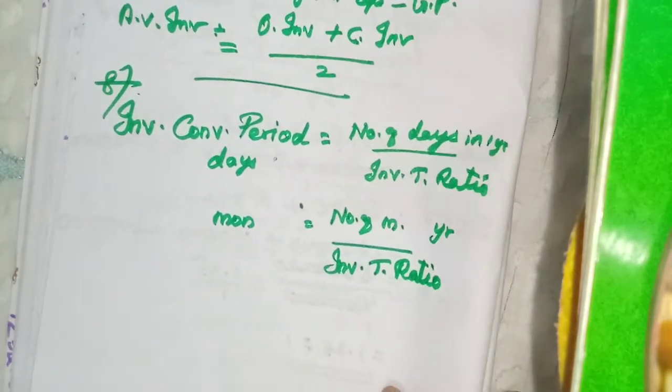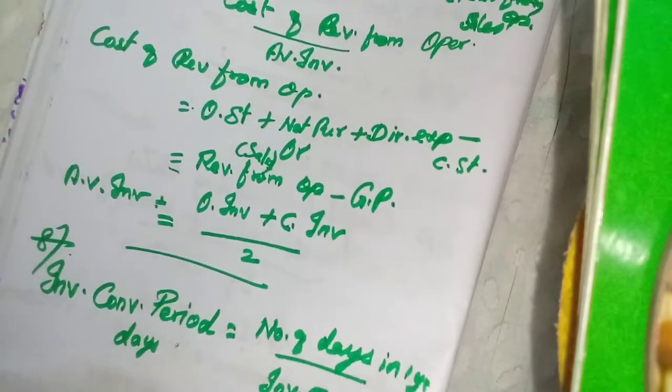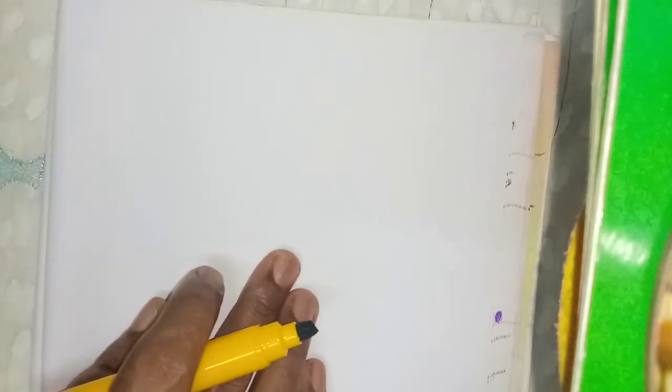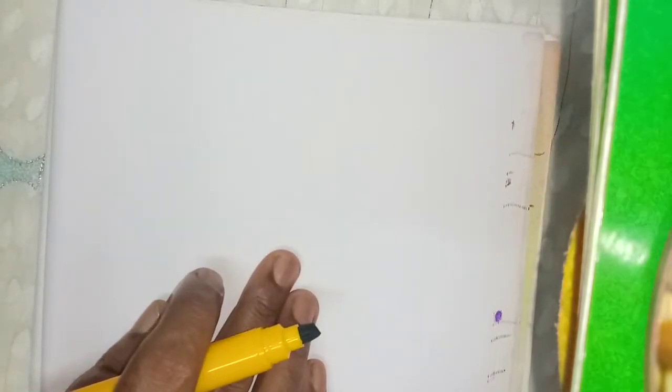Now we will calculate the problem. Okay, just listen. Revenue from operation given, inventory at the beginning, inventory at the end of the year, purchases made, carriage inwards. So for inventory turnover ratio we have to write the formula.